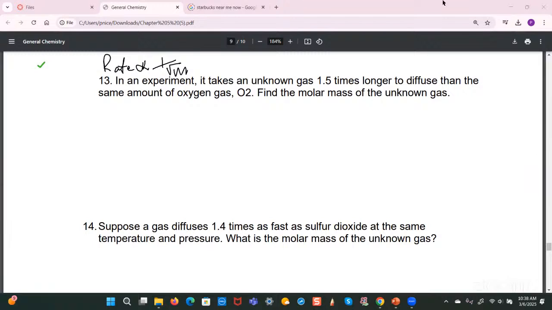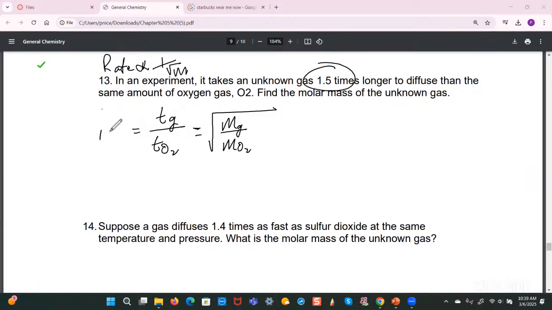So the way I would set up this equation is, I would start off with the time of diffusion of the unknown gas divided by the time of diffusion of oxygen would be equal to the square root of the molar mass of that gas divided by the molar mass of oxygen, right? The question says that this would be equal to 1.5.